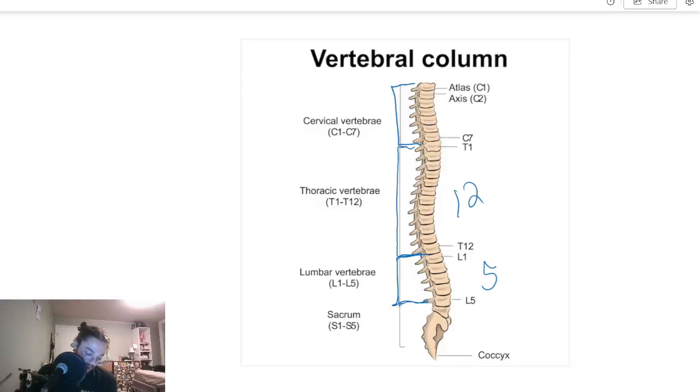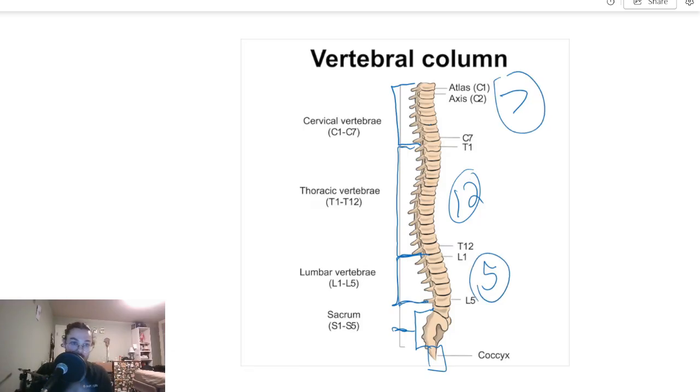Then we have our sacrum, which is 4 or 5 fused vertebrae, and our coccyx, which is another 3 or 4 fused vertebrae. If you want to remember this, you eat breakfast at 7, lunch at 12, and dinner at 5. That's another way to remember how many vertebrae there are in each of these.